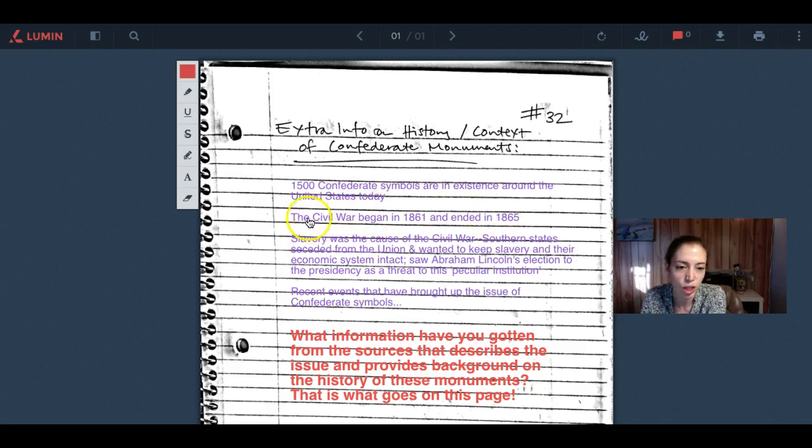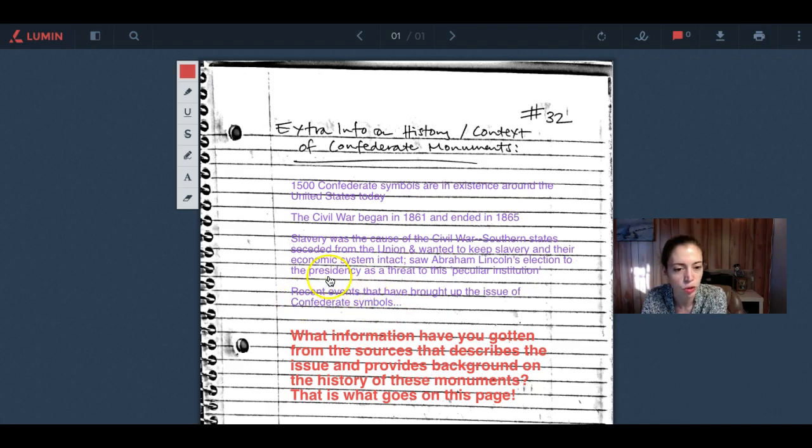You could also use some of your background knowledge that you have on the Civil War. So I just put in a couple of very basic facts, okay? But obviously, you guys know a lot now, so you could talk about some of that. And then you could also mention how these monuments are an issue again anyway. Why are we talking about this still?